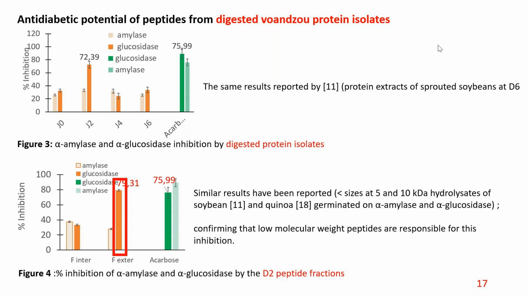We note that only the lower fraction displays the same capacity of inhibition of alpha glucosidase, comparable to the control acarbose. Similar results have been reported in the literature, confirming that low molecular weight peptides are responsible for this kind of inhibition.